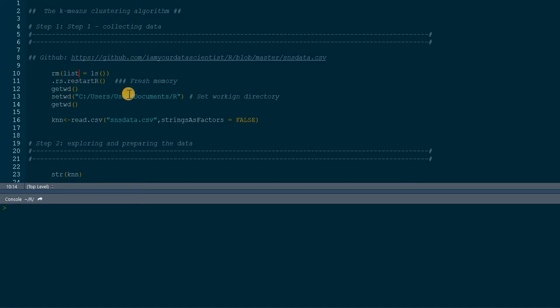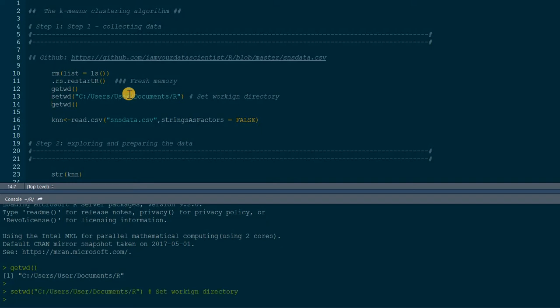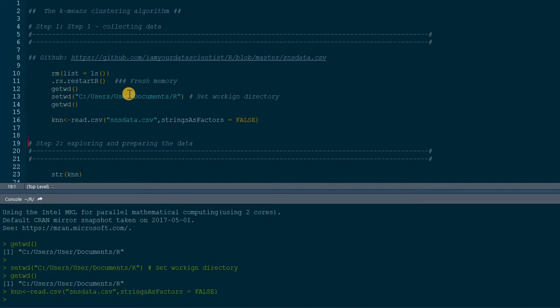So let me just clear my R memory. Let me just get the working directory, set the working directory, then check whether it's connecting to the correct directory, then assign that data set.